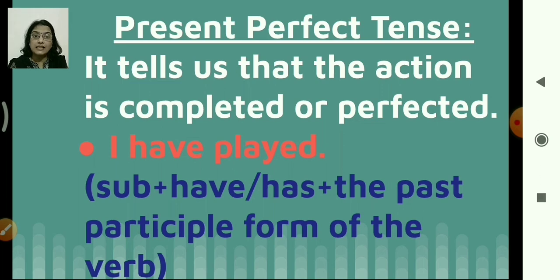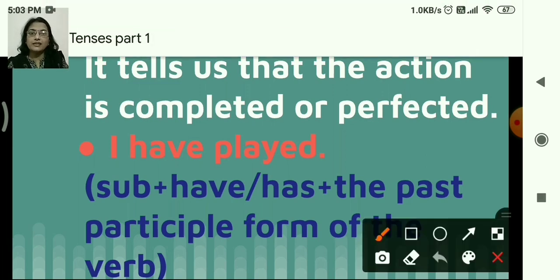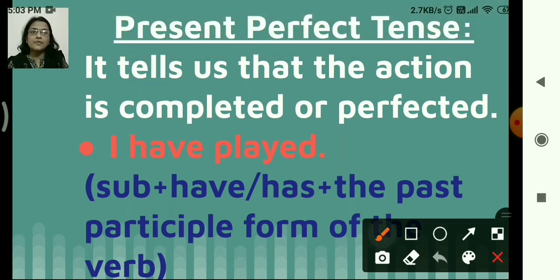Then we have the present perfect tense. It tells us that the action is completed or perfected. The action is done. So I have played. How is it formed? First you have the subject, then have or has, and then plus the past participle.